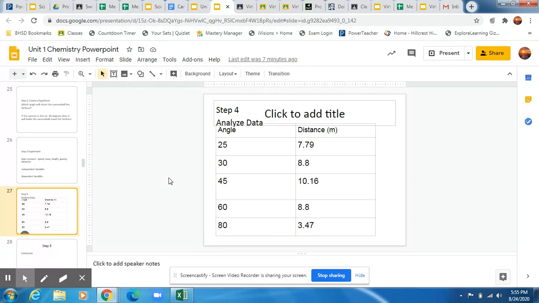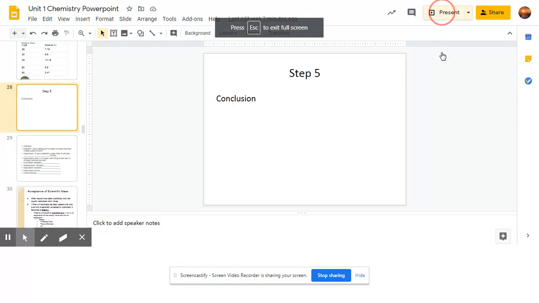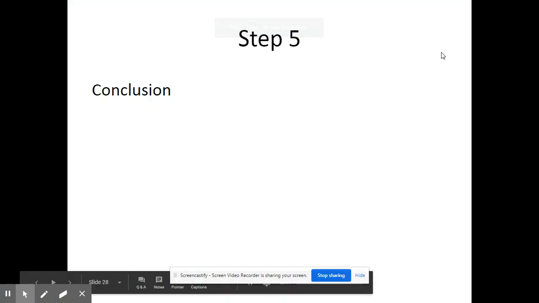So what is the next step after step 4 of the scientific method? If you said the conclusion, you are correct. In the conclusion, which is step 5, you would have said that a 45 degree angle shot at the farthest. Your hypothesis was wrong, and you'd also put the data in there.